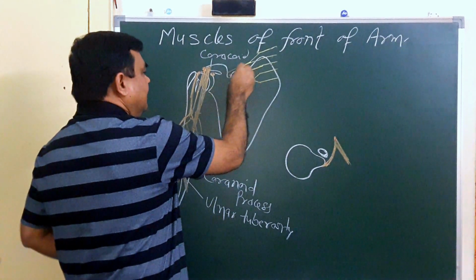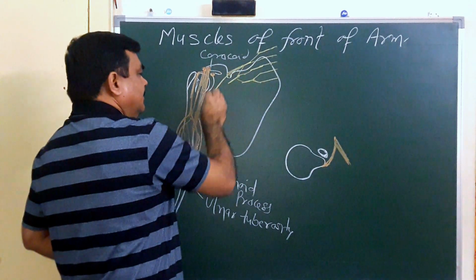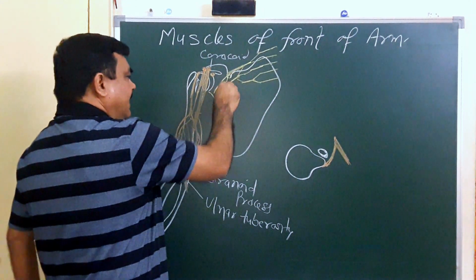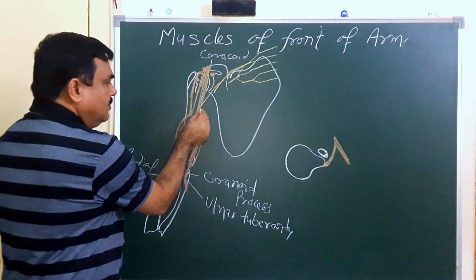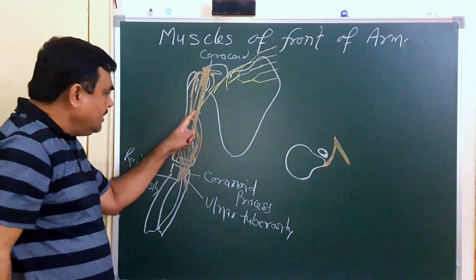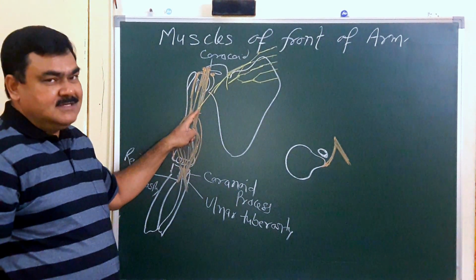This is the lateral cord. This lateral cord gives branches: lateral pectoral and musculocutaneous. This is the musculocutaneous nerve, which passes within the belly of this muscle, coracobrachialis.